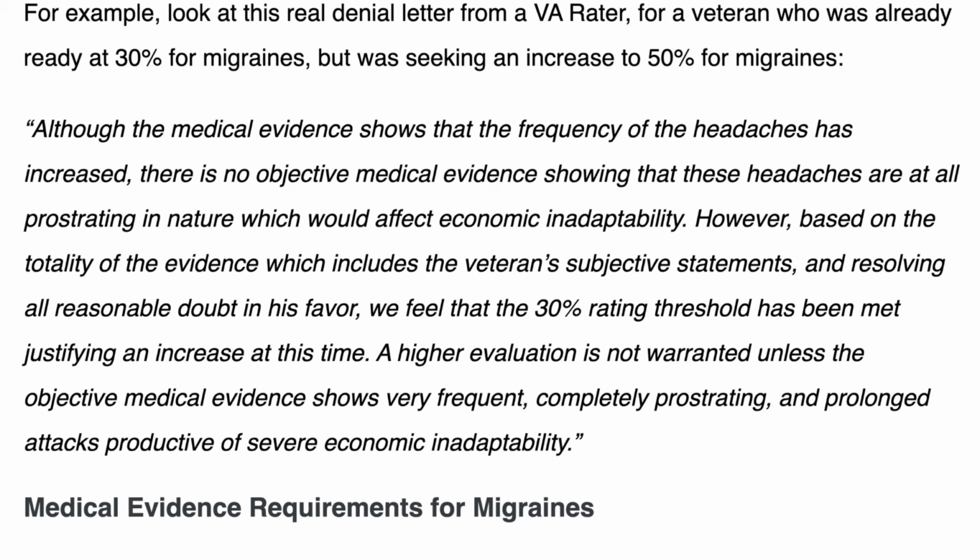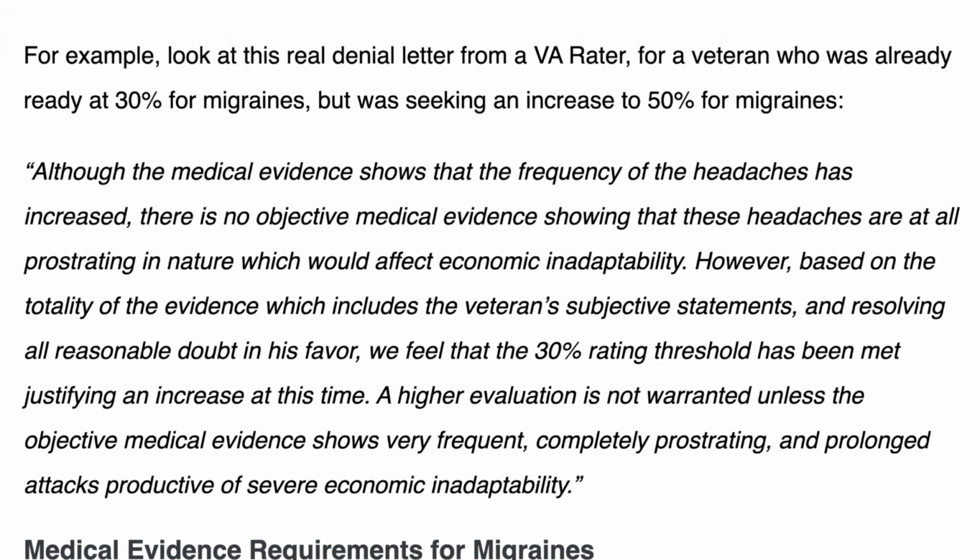A higher evaluation is not warranted unless objective medical evidence shows very frequent, completely prostrating, and prolonged attacks productive of severe economic inadaptability.